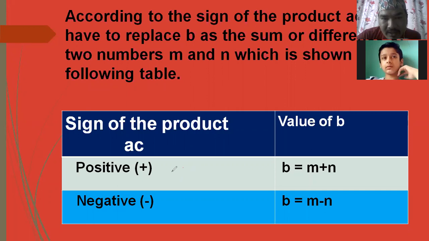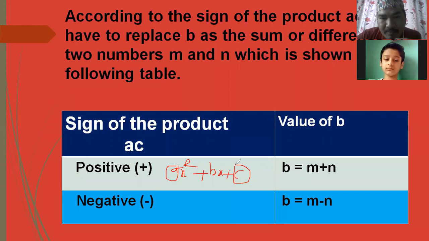I want to show you here. The expression is ax square plus bx plus c. When we multiply this a and this c, if this multiplication comes positive, then we get this value b by adding m and n.